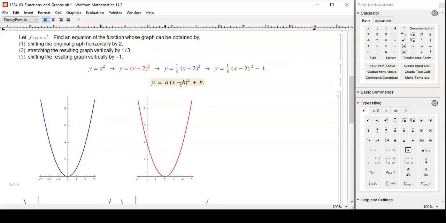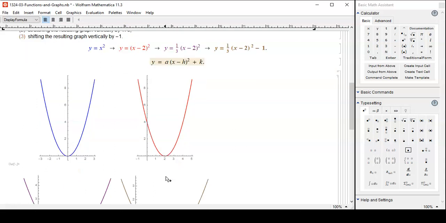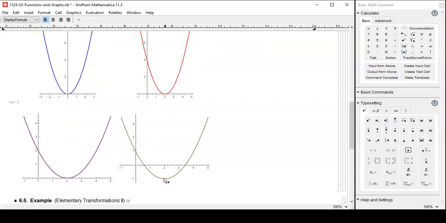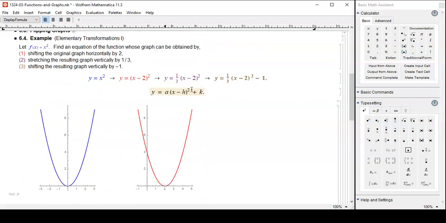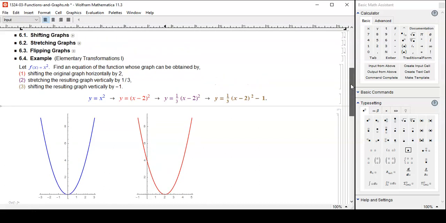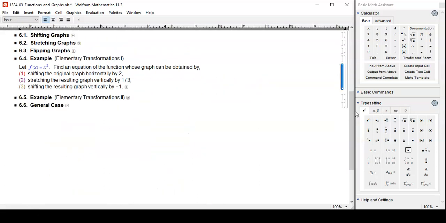And also another aspect is the vertex here, 0, 0, is shifted 2 units, so 2, and then 1 unit down, so we get 2, -1. Those are the h and k values. This thing is called the standard form for quadratic function, and we're going to study this in detail in, let me see, lesson 7 or lesson 8, something like that.